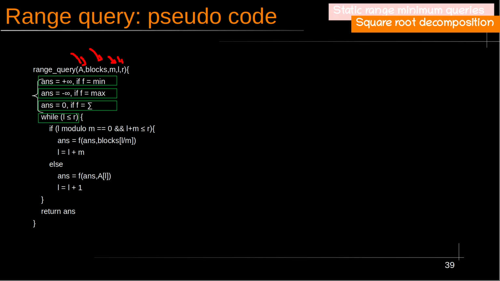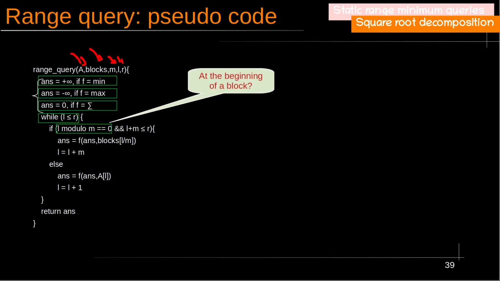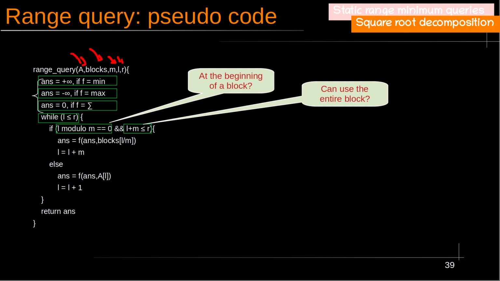And while the left boundary is still less than or equal to the right boundary, we ask the question, are we at the beginning of a block? And can we use the entire block?